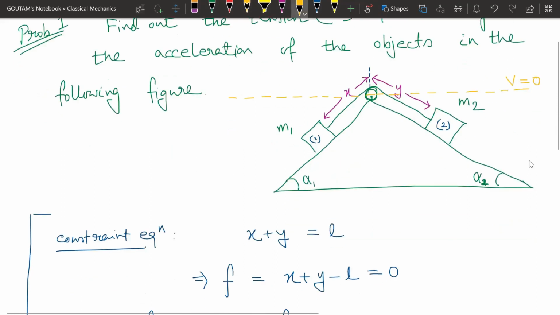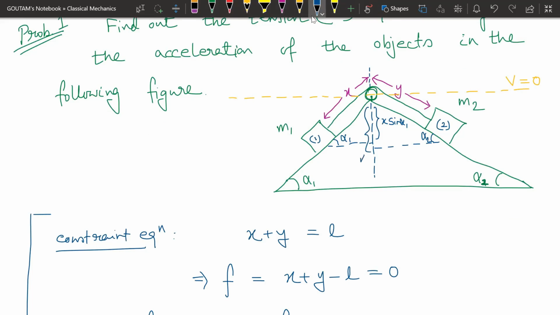So in that case, this angle is alpha 1 and this height is x sine alpha 1, and for object 2 this is alpha 2 and this height will be y sine alpha 2.